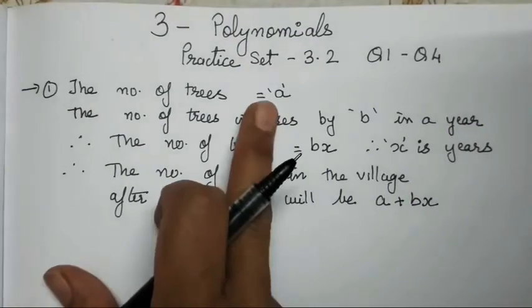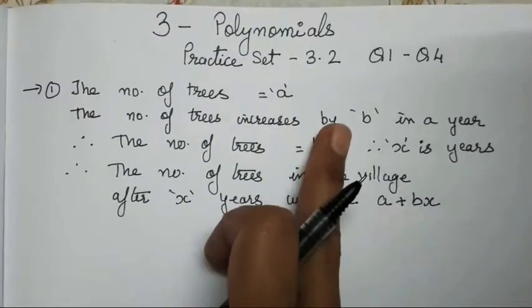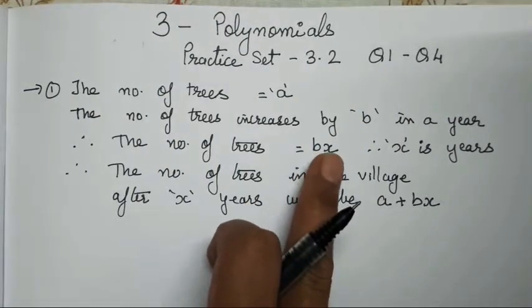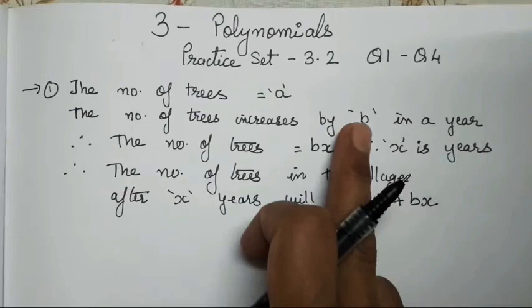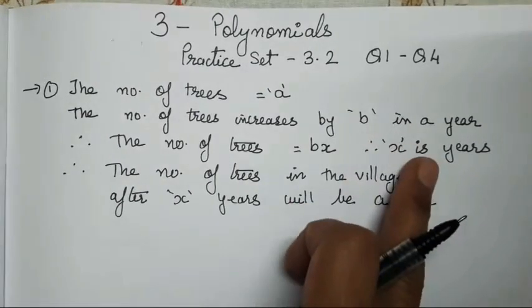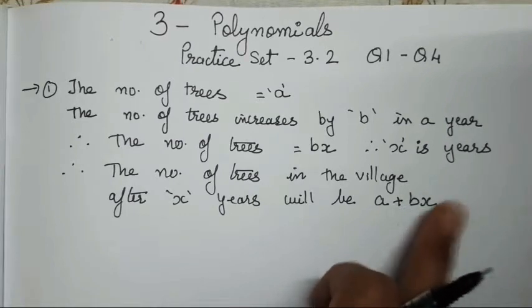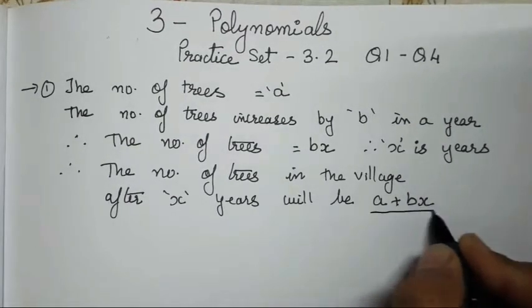Alright, now A means number of trees, B means it is going to increase every year, and BX means we have to add it because we don't know in the coming years how much it's going to increase, and X is supposed to be the years. So this is going to be your answer.